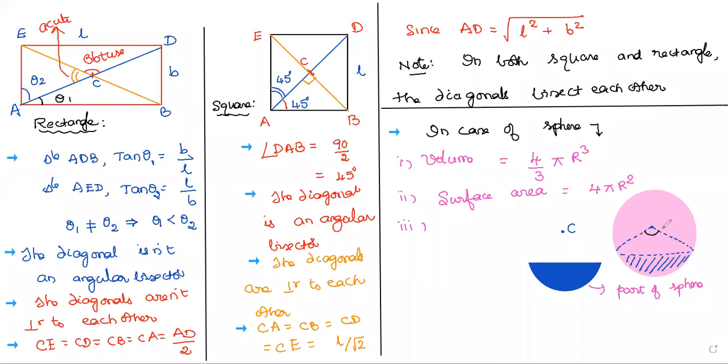In case of a circle or any other two-dimensional body, the angle at the center is 360 degrees, whereas in three-dimensional bodies, the angle at the center is called solid angle.